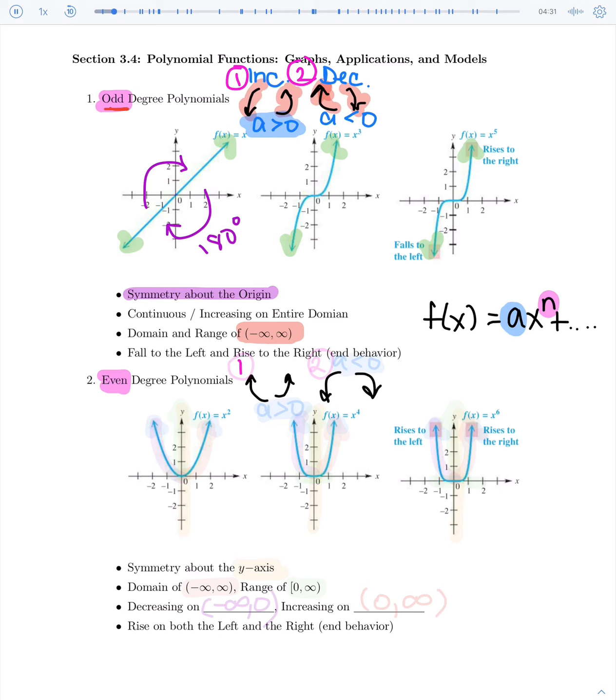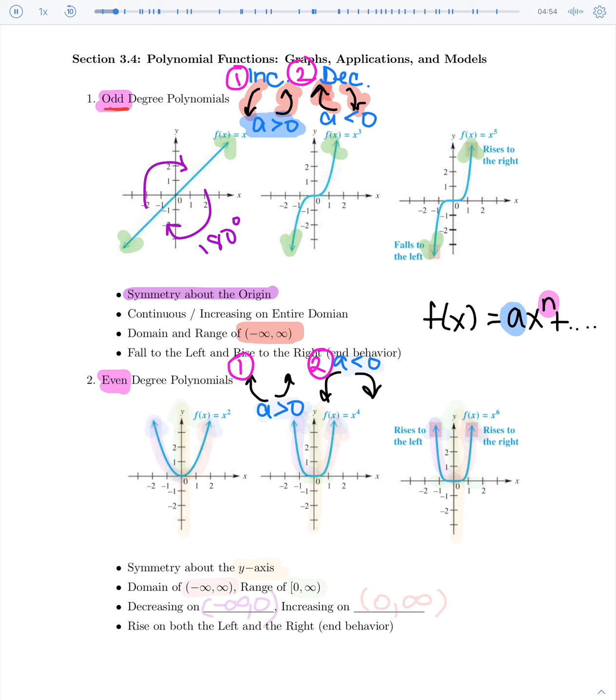Those are your two options if you have an even degree polynomial, meaning that the highest exponent is even. Now, if your a is positive, meaning a is greater than 0, both ends should point up. If the a is negative, both ends will point down.